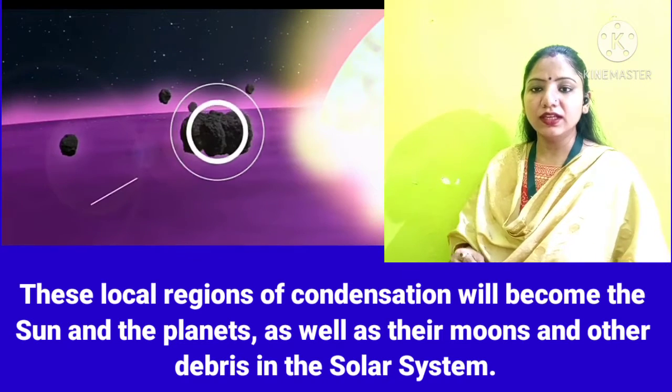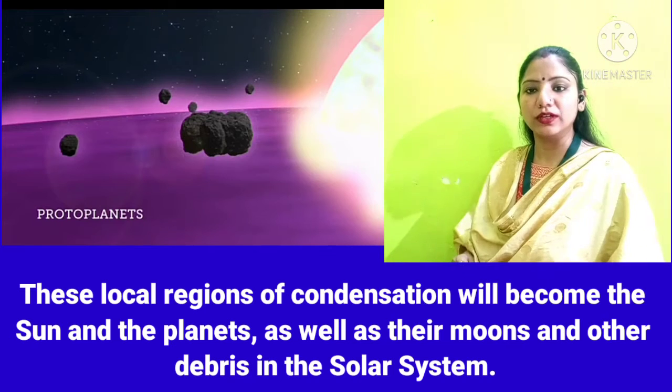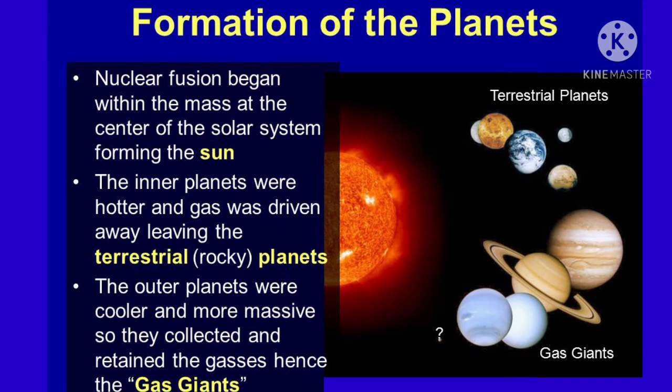Now let's see more about the formation of the planets with the theory. There are a few stages through which we can understand the formation of the planets, divided into three parts. In the first stage, the stars are localized lumps of gas within a nebula.